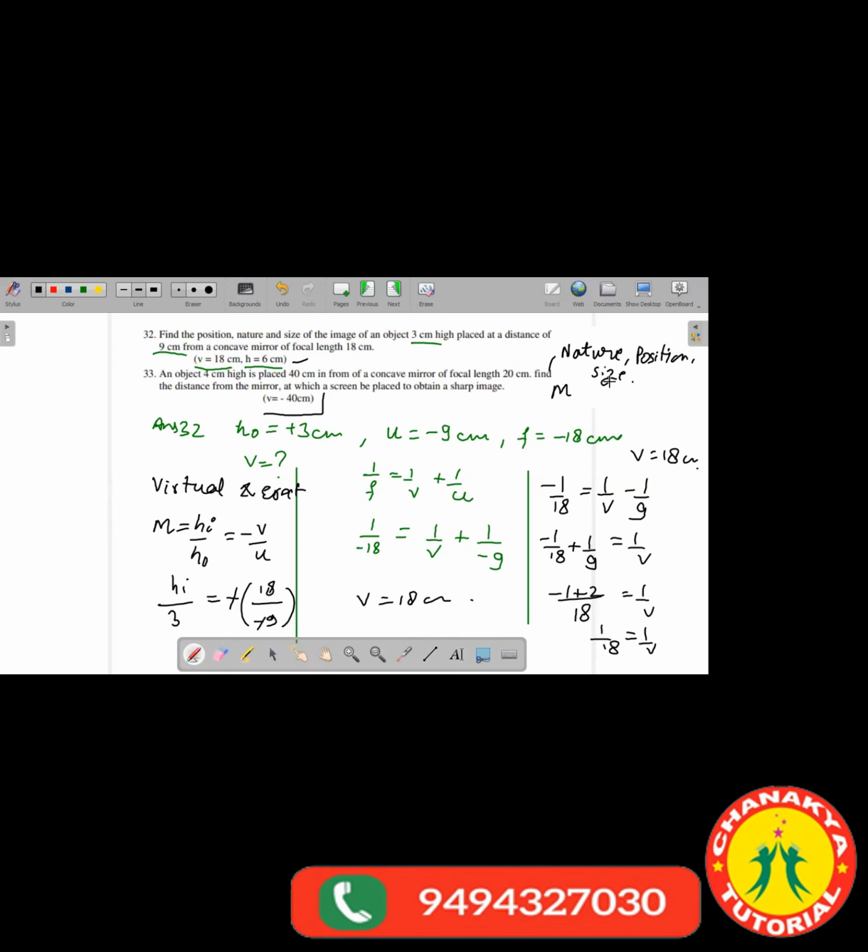Can you draw the diagram for this case? Yes, sir. Okay, so draw the diagram for both the cases. Draw the diagram for question number 32 and 33. So this is how your new questions are asked.